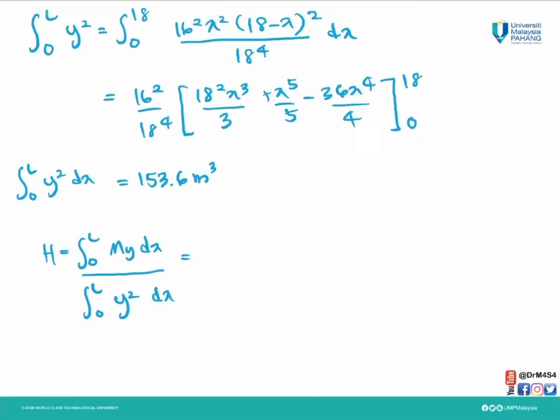So we have 27,000 for this one, and 153.6 for this one. So we get our horizontal reaction, 175.7 kilonewton. So this is the answer for H.